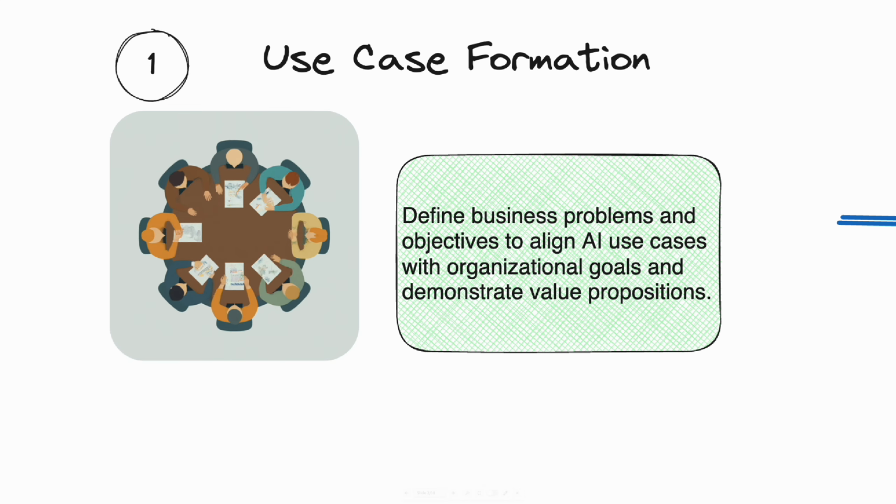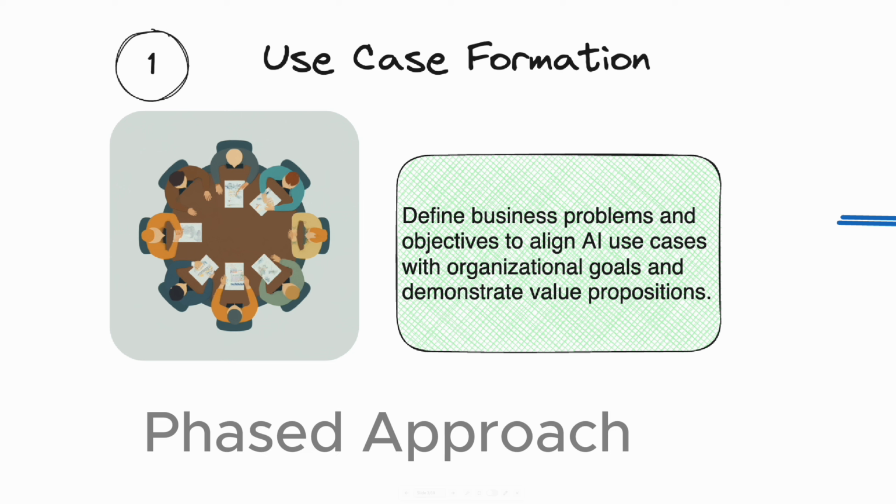And the very first step is the use case formation, very similar to what we have seen in the emerging organization or for any other maturity level organization. Ensure that you have clearly defined the business problem. Make sure your generative AI use case aligns with your organizational goals and demonstrates some of the value propositions. Make sure that you have the success criteria defined for each and every use case. And also keep in mind that some of these generative AI approaches are not a big bang approach.